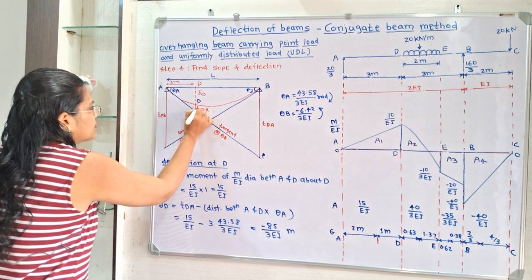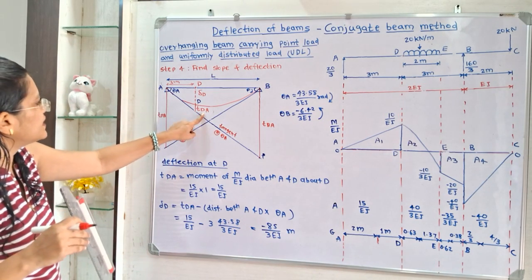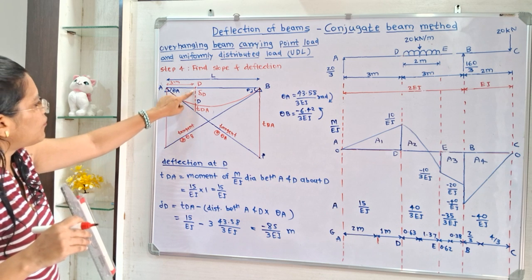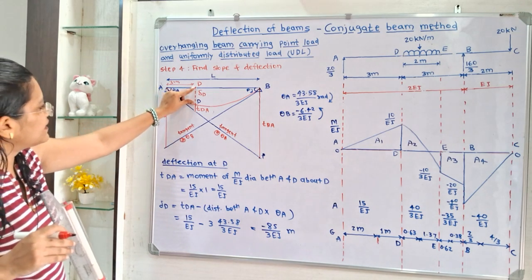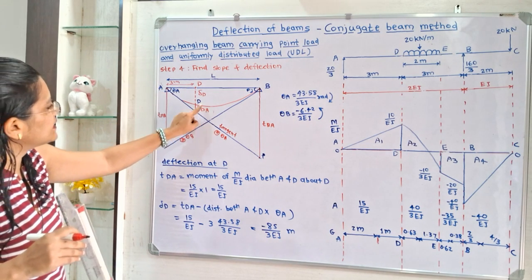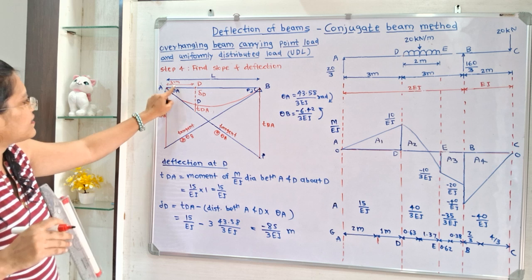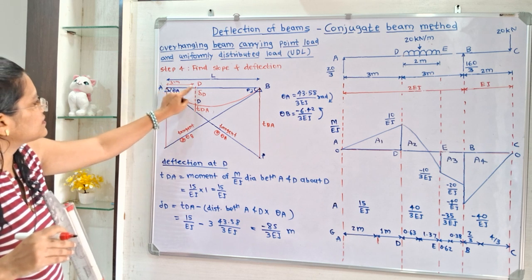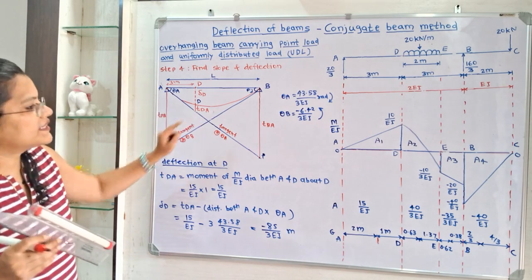So we have to first find out this TDA, and when we find this TDA, then with the help of the formula we will get this delta D. So this delta D is equal to this TDA minus the multiplication of this angle theta A and the distance in between A and D. Now how to calculate TDA?